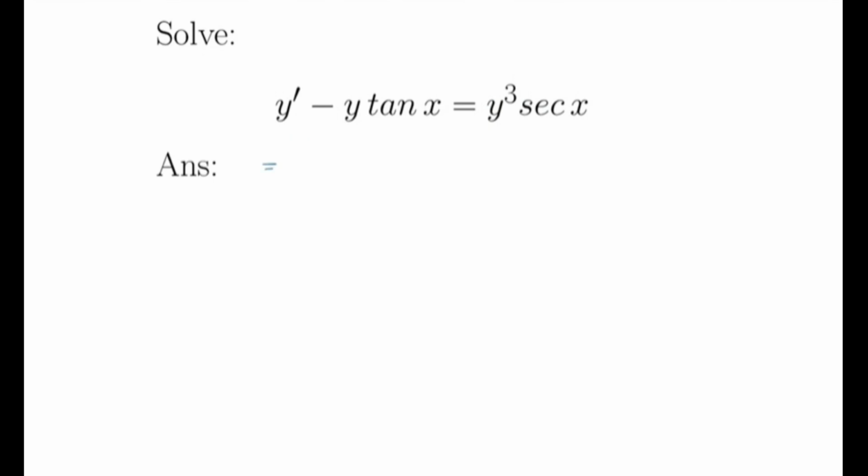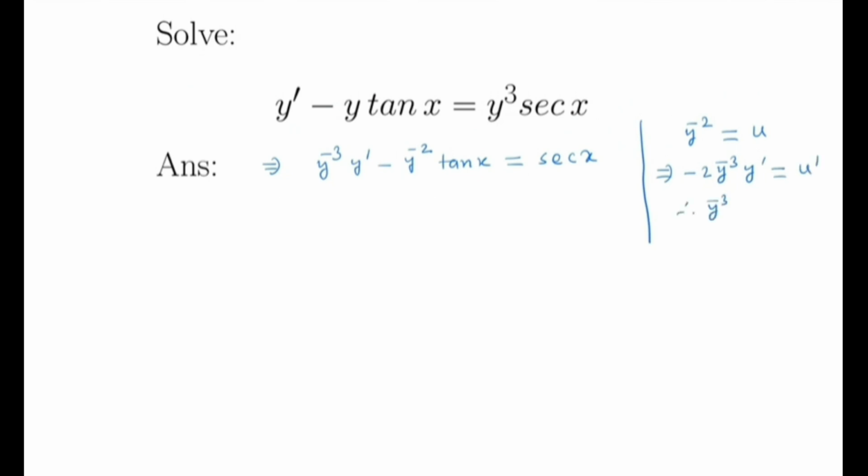By doing that, here we have y to the minus 3 y prime minus y to the minus 2 tan x is equal to sec x. Then we make a substitution, which is y to the minus 2 is equal to u. Then we have minus 2 y to the minus 3 y prime is equal to u prime.